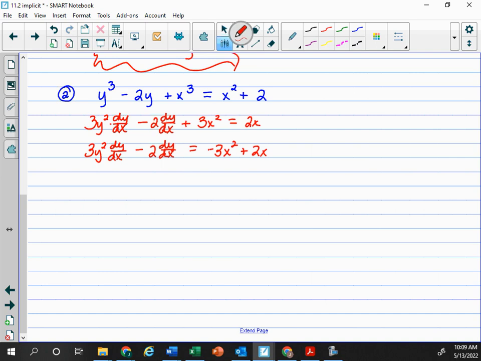What can I factor out on the left? dy dx. Handy, that's what we're solving for. So I'll have 3y squared minus 2 left in parentheses. So what is dy dx going to equal? 3x squared plus 2x all over 3y squared minus 2.